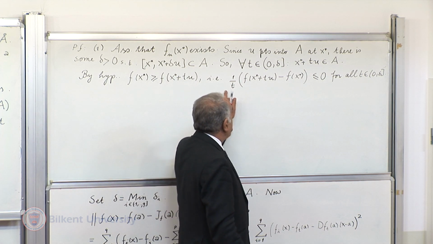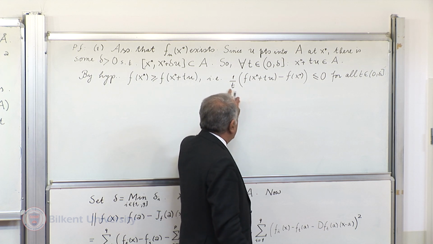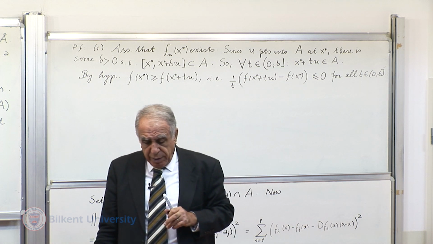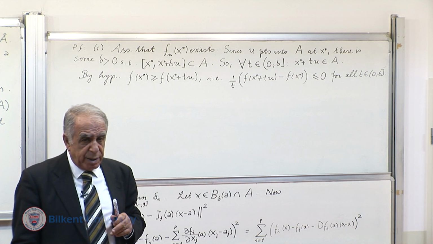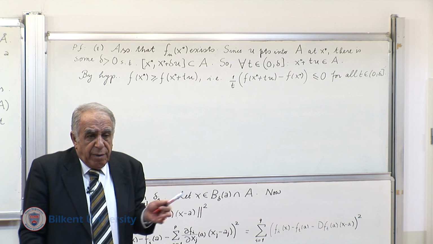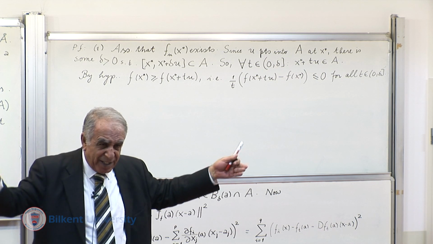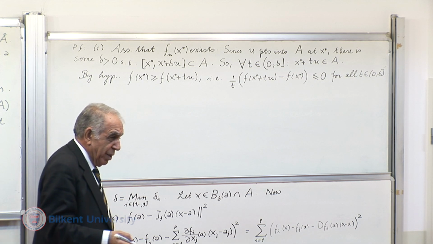Do we know anything about the limit of this expression as t tends to 0? Does it exist? Do we know that? Yes, f sub u of x star. We know that exists, by hypothesis.